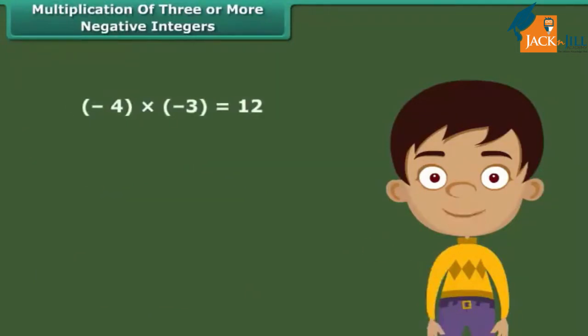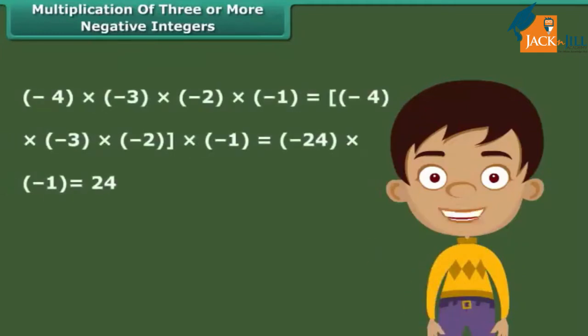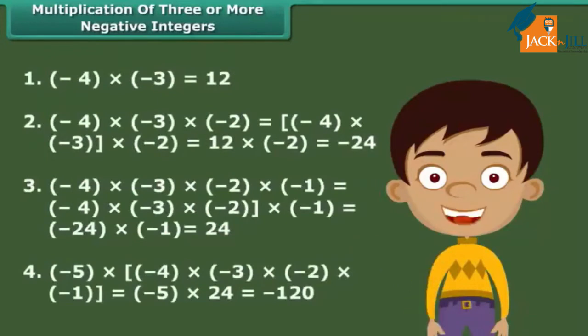From these products, we observe that the product of two negative integers is a positive integer. The product of three negative integers is a negative integer. The product of four negative integers is a positive integer. We can see that in first and third examples, the number of negative integers that are multiplied are even, 2 and 4 respectively, and the products obtained in 1 and 3 are positive integers.